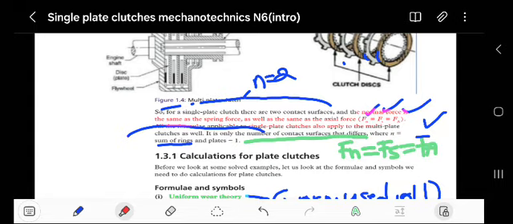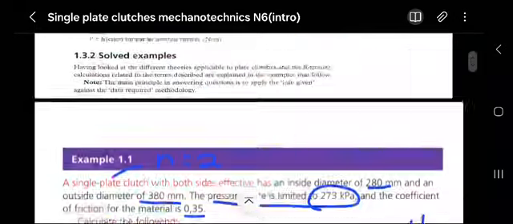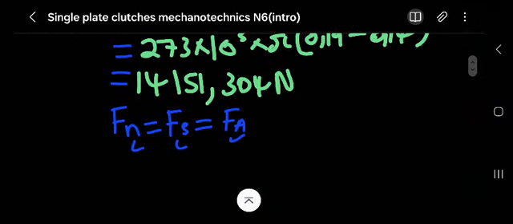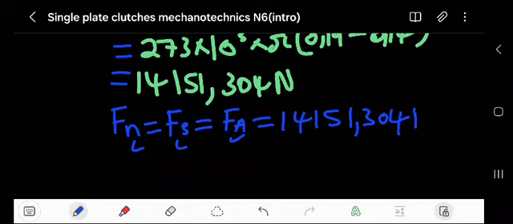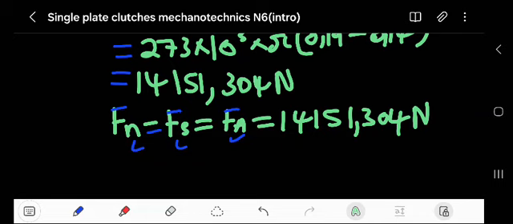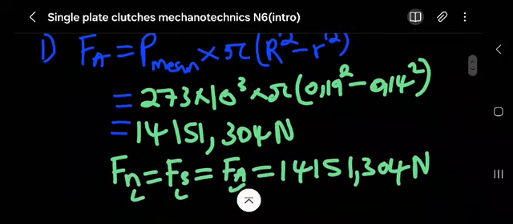Now, we know the axial force. So that means all of these 3 things must be equal to this, because this is the axial force.